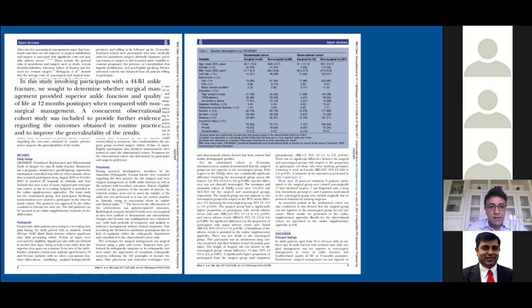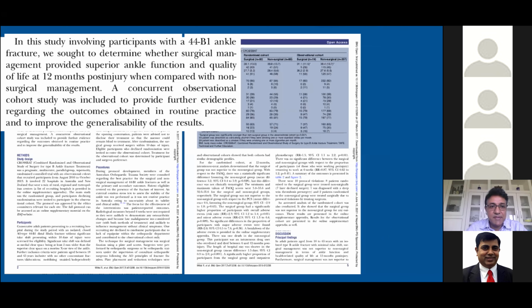Here, the objective of the study is, in this study involving patients with 44B1 ankle fracture, they have gone for conservative and operative procedures. And the aim of the study, or the hypothesis of the study, is that operative management might be better than conservative treatment. And this slide is expanded from the last sentence of the introduction.